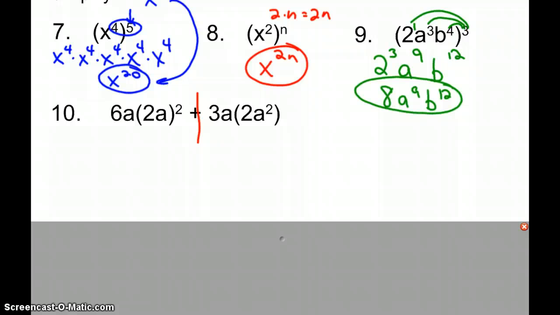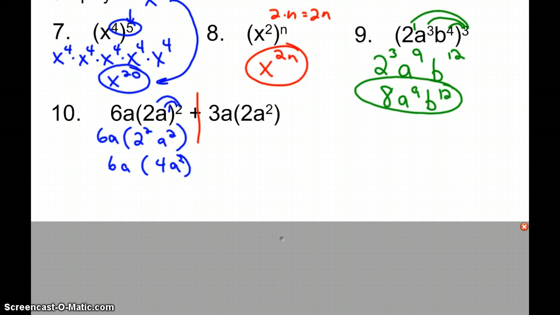So if we apply the exponent of 2 to each base within the parentheses, we have 2 raised to the second power, so 2 squared, and then a to the first power becomes 1 times 2, or a to the second. And so if we simplify, we have 6a times the quantity 4a squared, and so 6 times 4 is 24, a times a squared is a cubed.